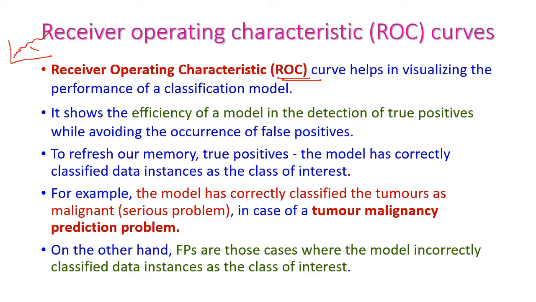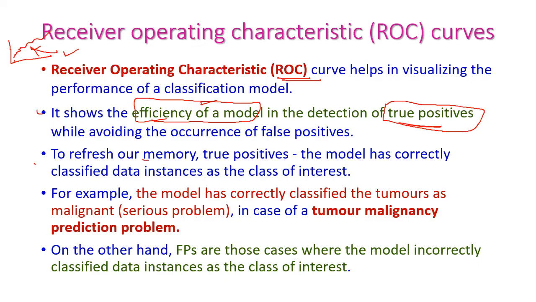By using this ROC model, we can easily understand the performance of a classification model. It also shows the efficiency of the model, by detecting how many true positives there are. Based on that, we can easily understand the efficiency of the given supervised learning model.